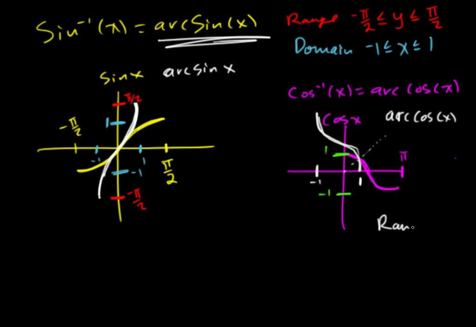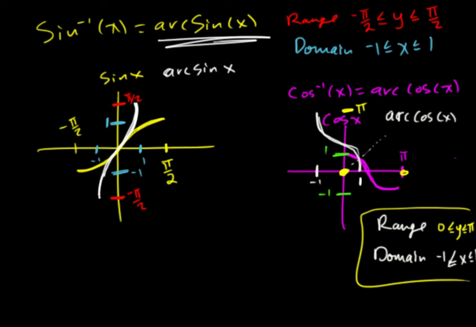So the domain is going to be -1 is less than or equal to x is less than or equal to 1. And the range is going to be the same as the domain of the original, so 0 to pi. So it's going to go from 0, and then up here is going to be pi. So 0 is less than or equal to y is less than or equal to pi.